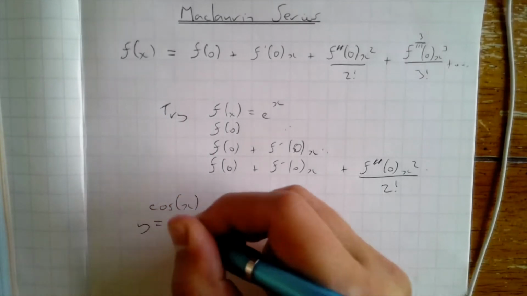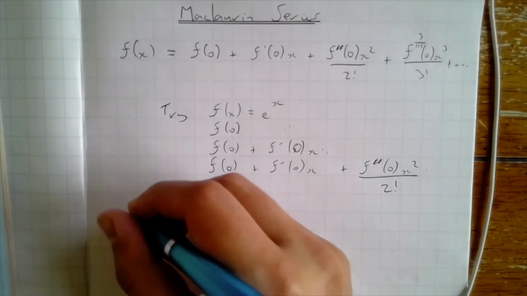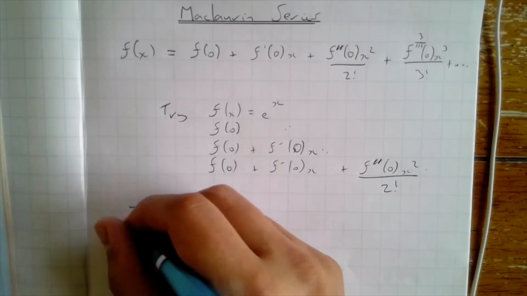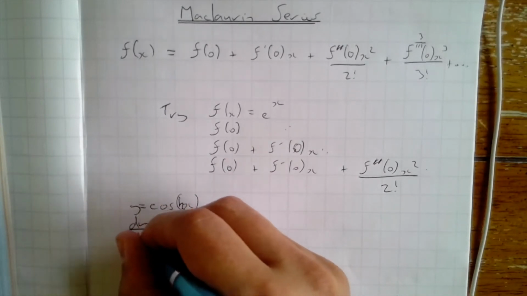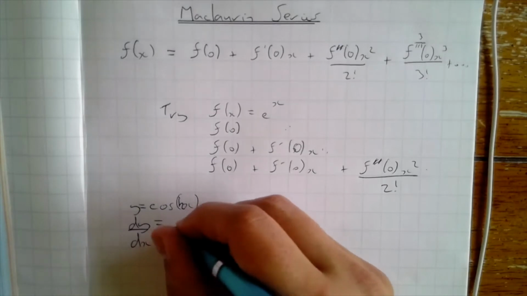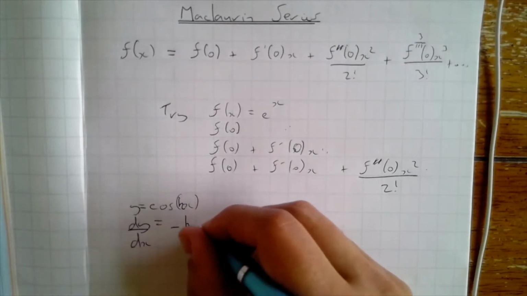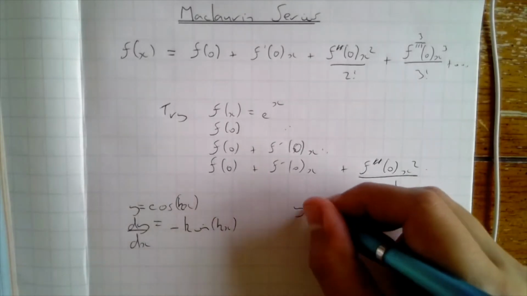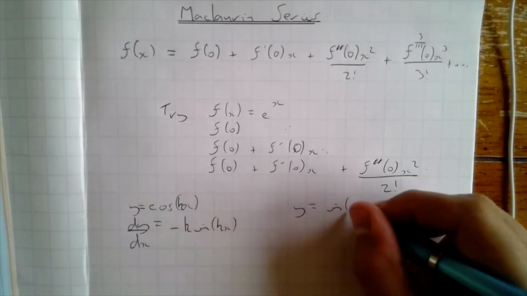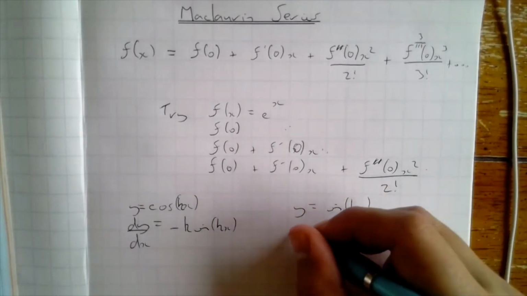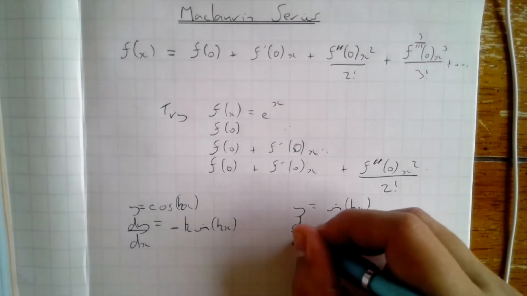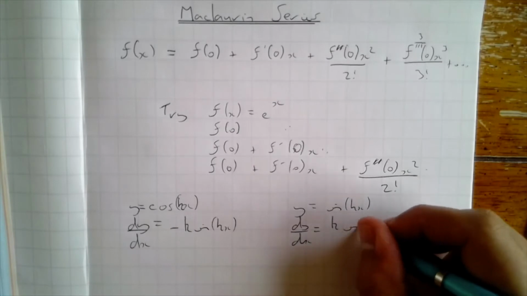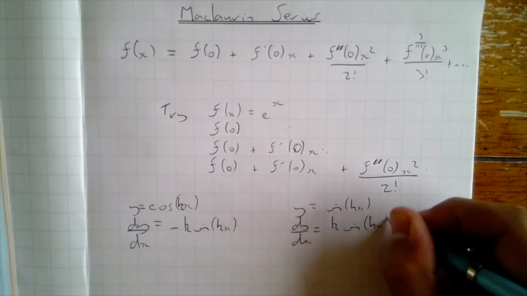So if y is equal to cosine kx, then dy dx is minus k sine kx. Also, if you've got y equals sine kx, then dy dx is k cos kx.